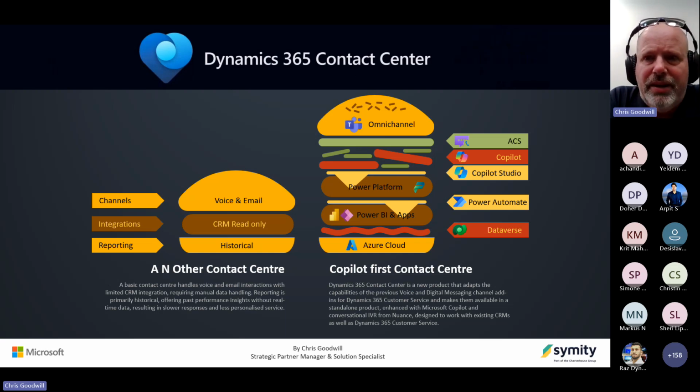So Dynamics 365 Contact Center, on the right-hand side here, you can see I've built it out like, well, it could be Burger King, couldn't it? It could be McDonald's, but one of those brands doing fast food, just showing the richness of the solution, because it's been pulled together from a framework architecture, the digital contact center platform, which I started to look at about 2 years ago.